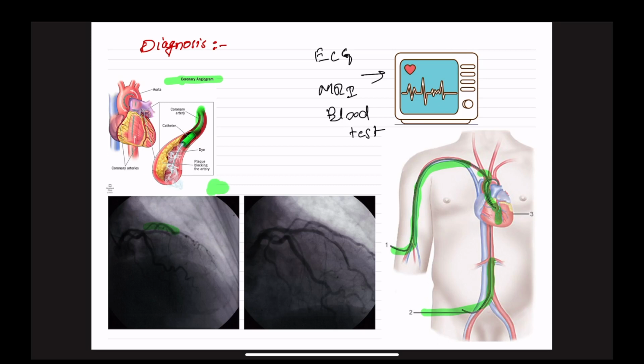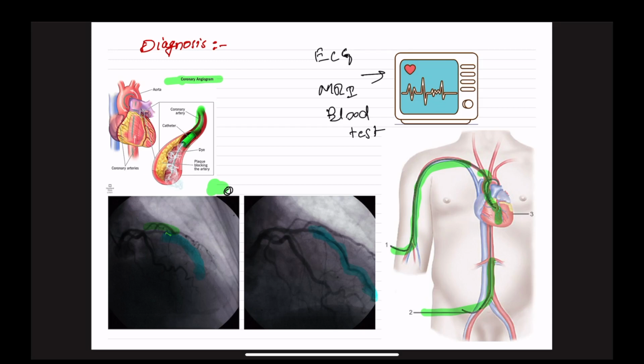Example of an angiogram right here. We can see that this artery right here is blocked here, and the dye doesn't go ahead in this artery. In the next picture, we can see that it has been opened via the catheter, so there is restoration of the blood here.